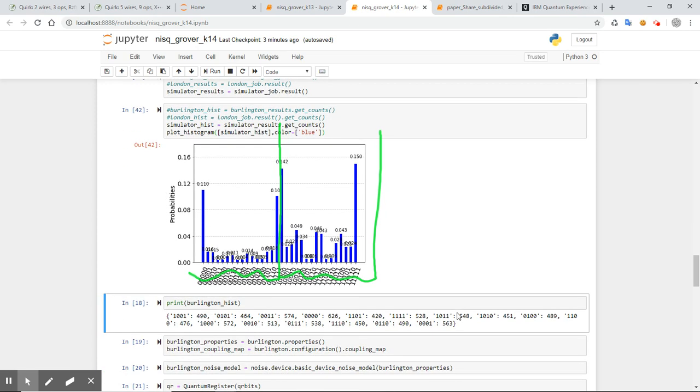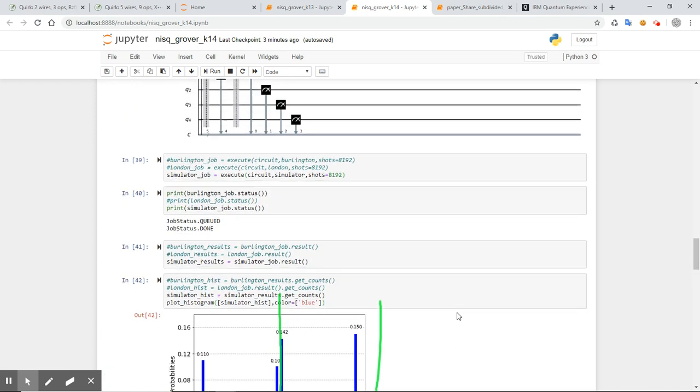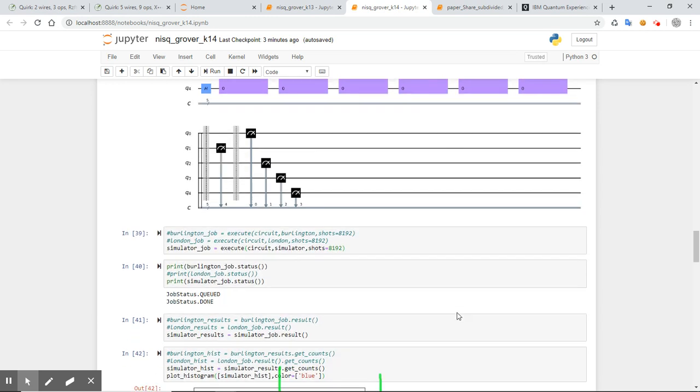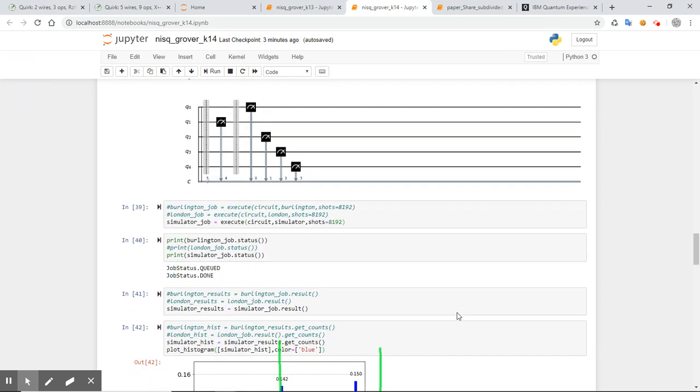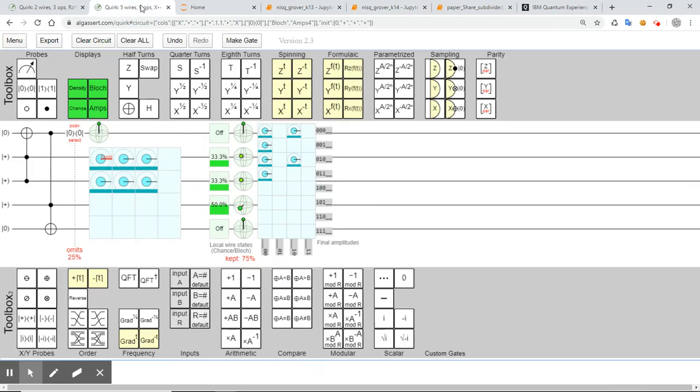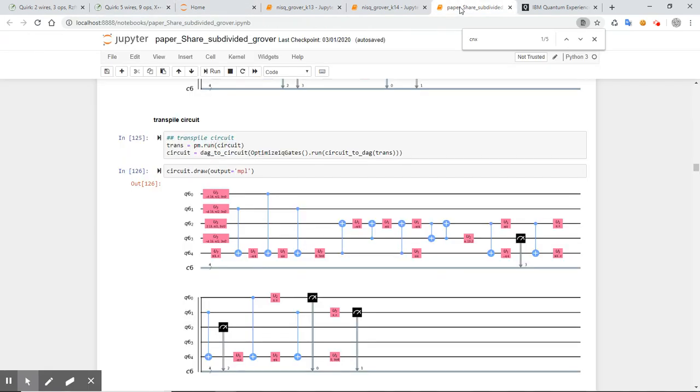Interesting. So I'm not so happy with this.